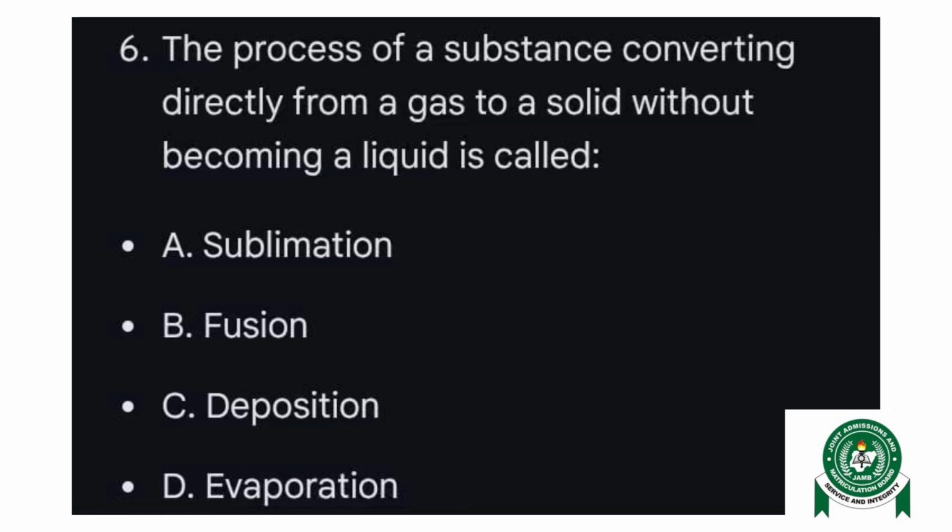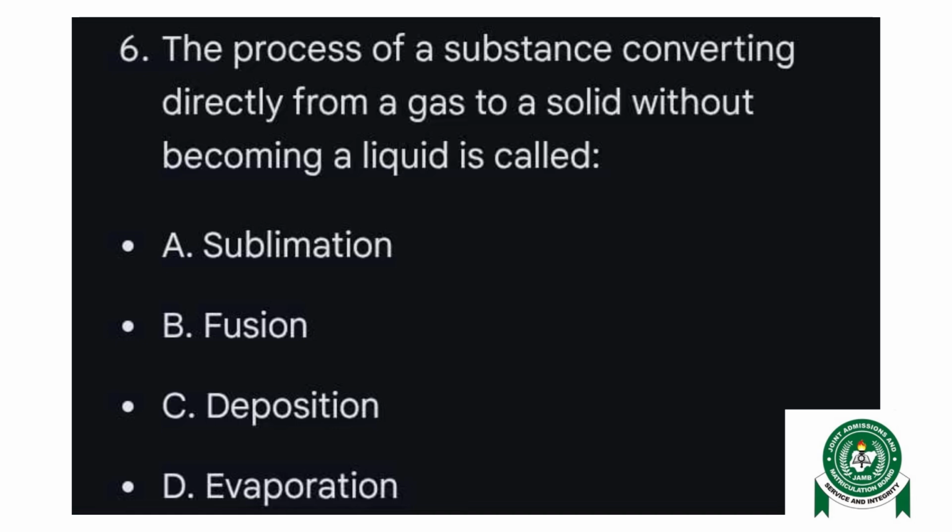Deposition is a phase change in which a substance changes directly from a gas to a solid without passing through the liquid phase. The reverse process is called sublimation, where solid changes directly to gas. Common examples of deposition include the formation of frost on a cold surface or snow in a carbon dioxide fire extinguisher. So these are examples of deposition.